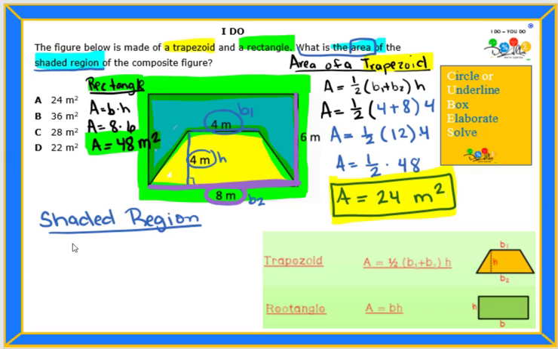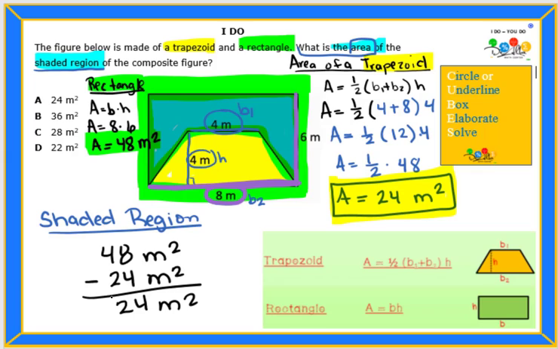The area of the rectangle was 48 square meters. And we have to subtract the area of the trapezoid, which was 24 square meters. And that leaves us with 24 square meters.